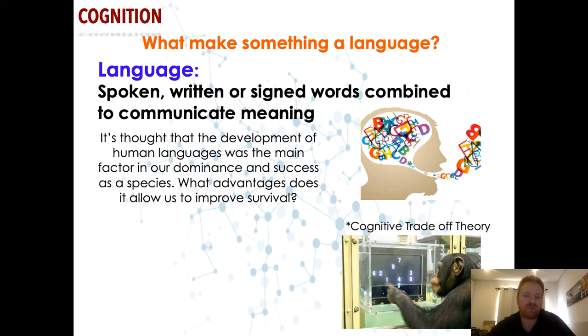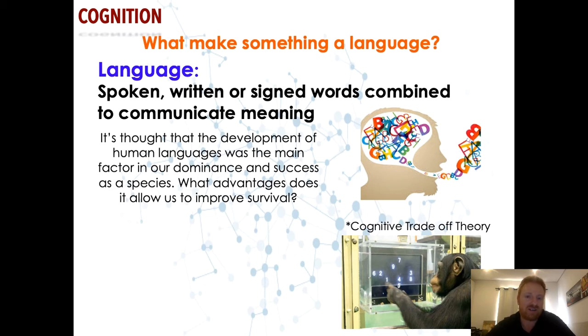Now, of course, language in humans is much more advanced, and it's really the idea of why we became such a dominant species compared to the rest of the species on this planet, and it's probably because of the language abilities that we have.